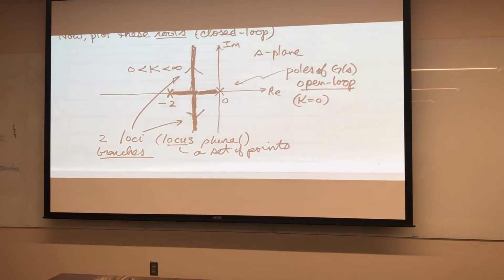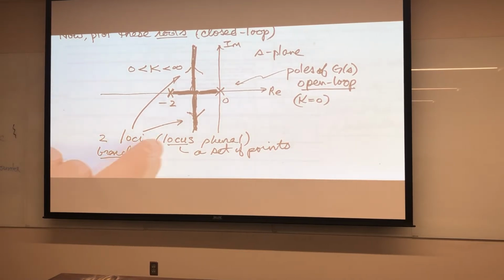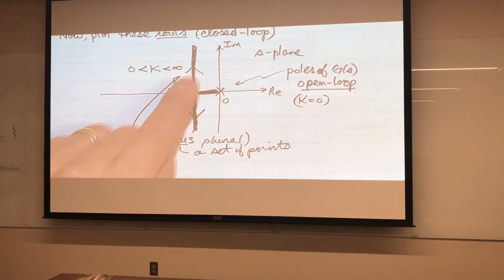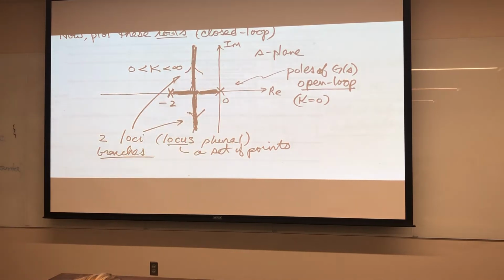We look at this picture and ask, where are the closed loop poles? The closed loop poles are on the heavy lines. For any k greater than 0, our loci lie entirely in the left half plane.